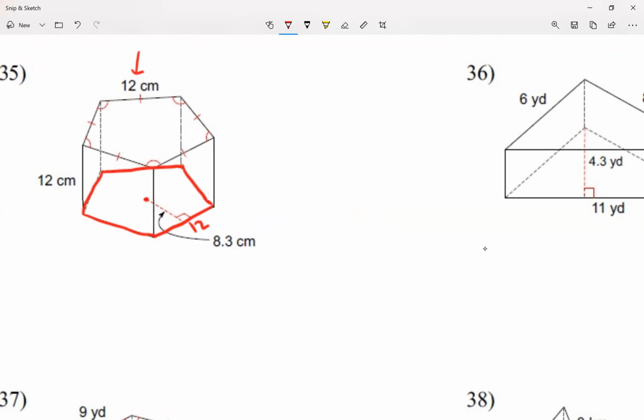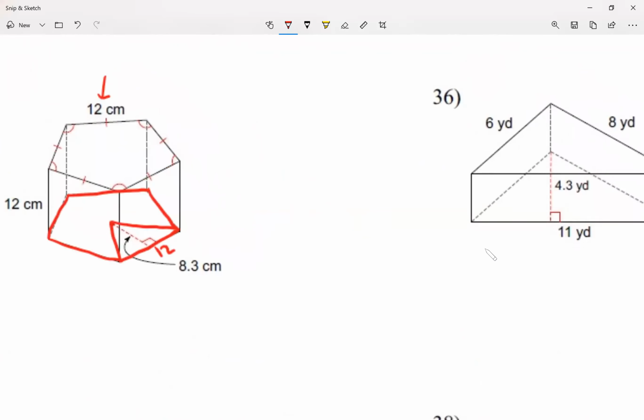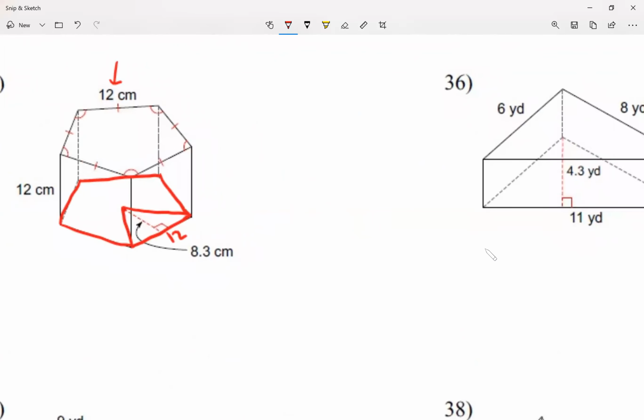And in pentagons, I told you, look for a triangle. If I was just looking at that triangle, I will go 12 times 8.3 divided by 2. That is that one triangle. But because it's a pentagon, it has 5 sides, so let me multiply this by 5.